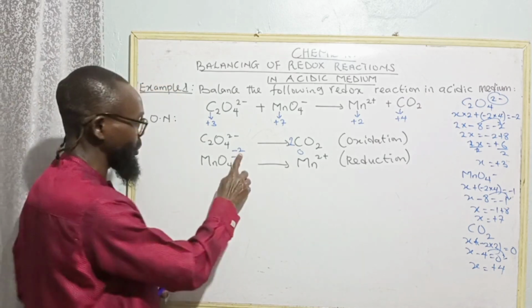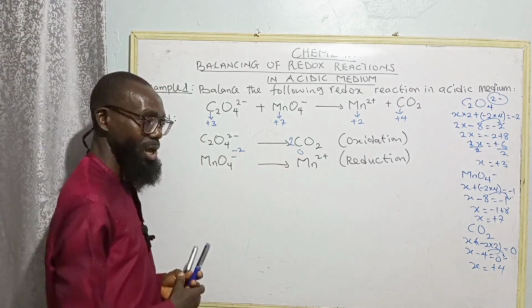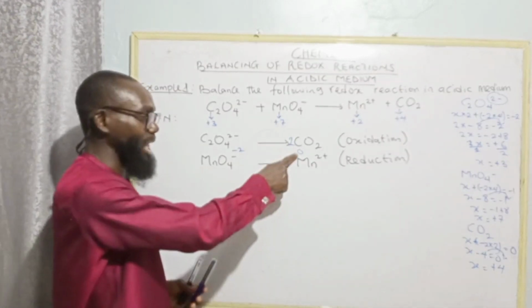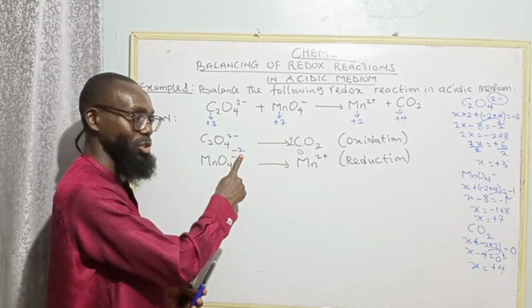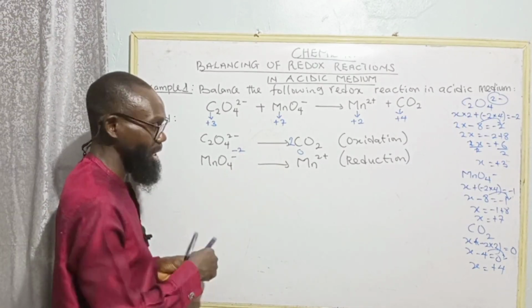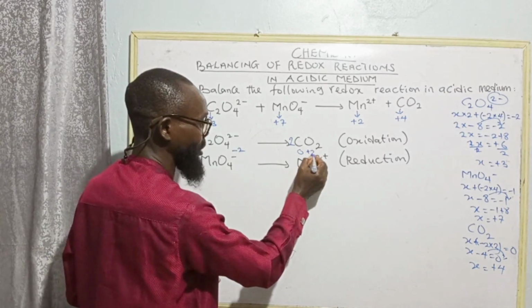Now, -2 and 0, which one is higher in positive charge? We have 0. So what are you going to take away from 0 to get this -2? You are going to remove 2 from 0 to get -2. It means we are going to add 2 electrons here.